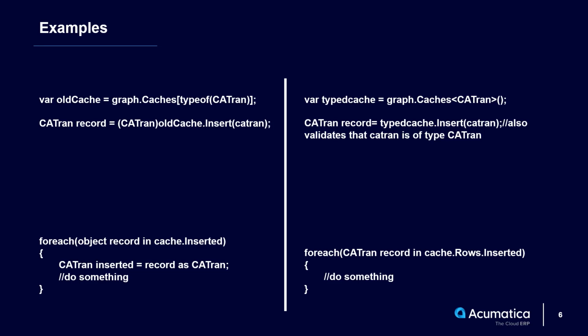By using the strongly typed object, we can ensure that both the objects sent and returned are of the appropriate type at compilation itself. Similarly, while iterating through inserted DAC records, we can validate the object at compilation stage itself. Please note that the weakly typed method is also supported in addition to this.